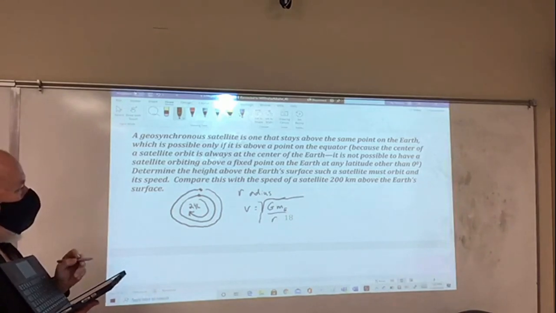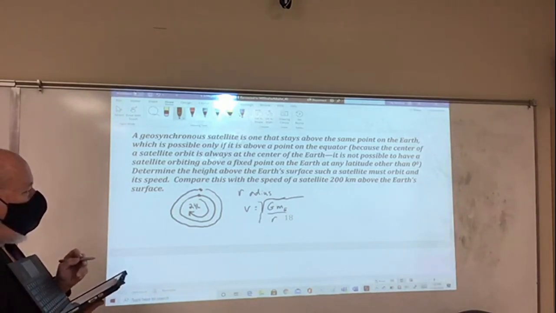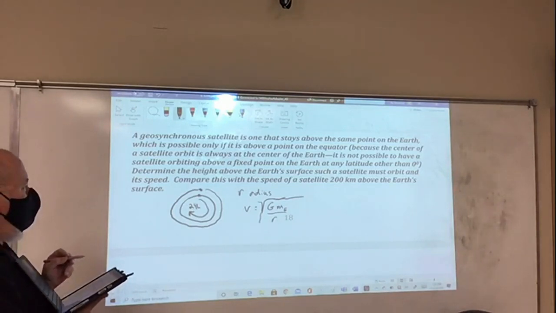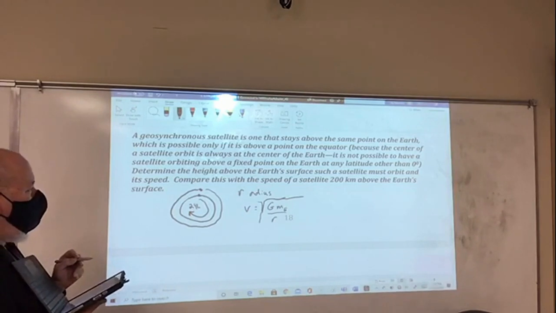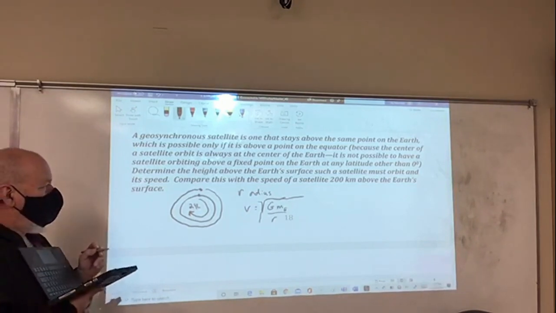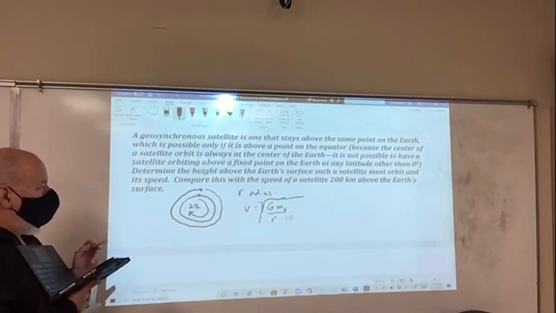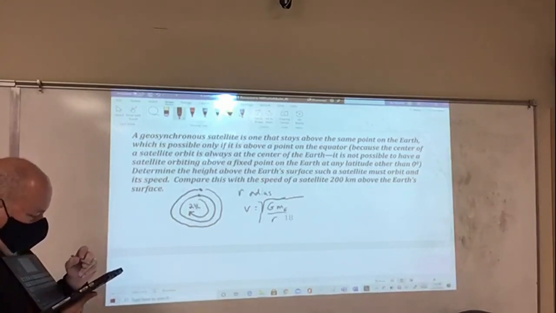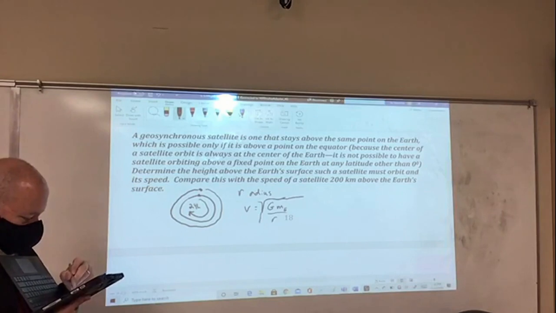But I have a problem because I've got two variables that I don't know, right? I don't know the velocity and I don't know the radius. So what can I do to help me out here?